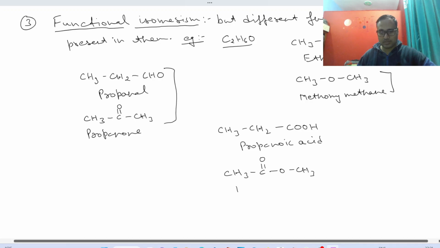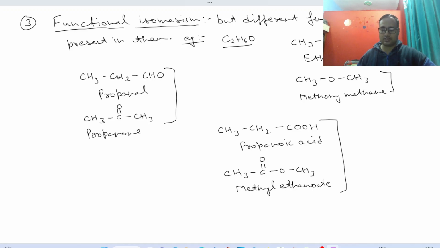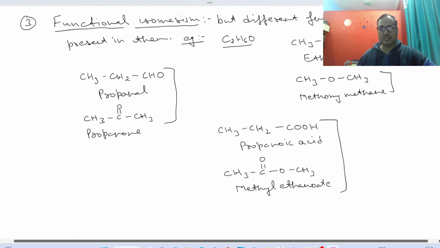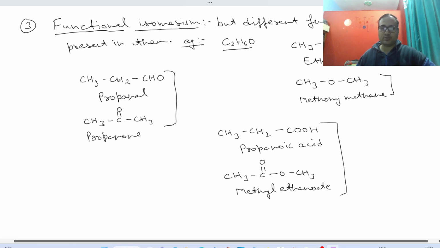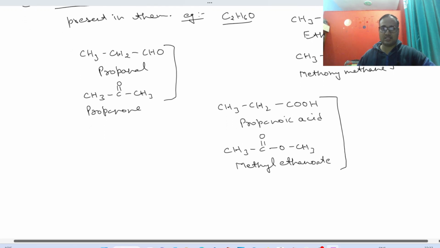This is methyl ethanoate. So these two are again functional isomers, one molecule having an acid as a functional group and the other having an ester as a functional group. So these are functional isomers, that is, compounds having the same molecular formula but different functional groups present in them.